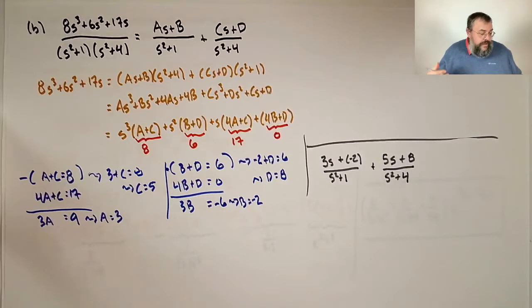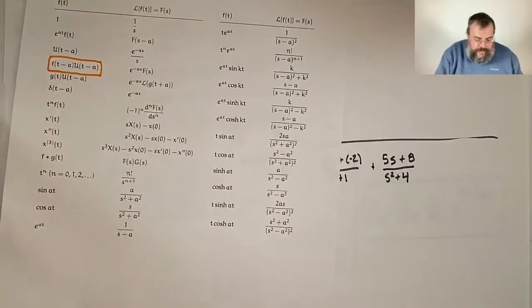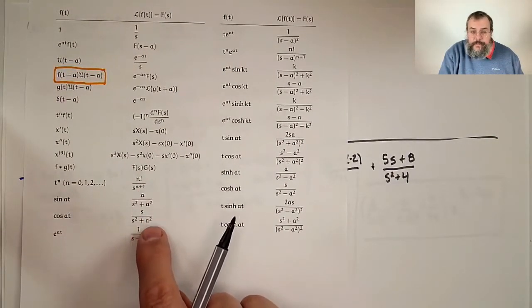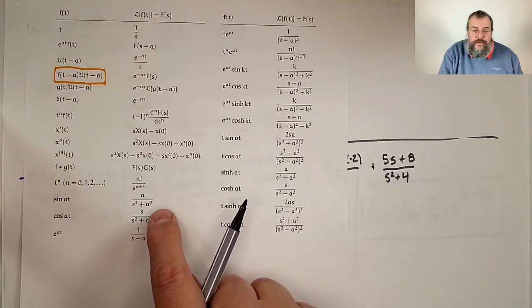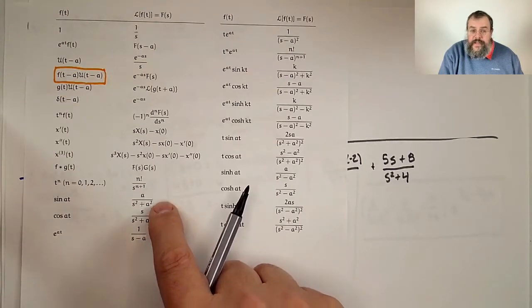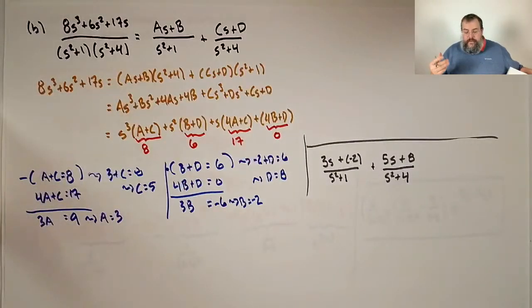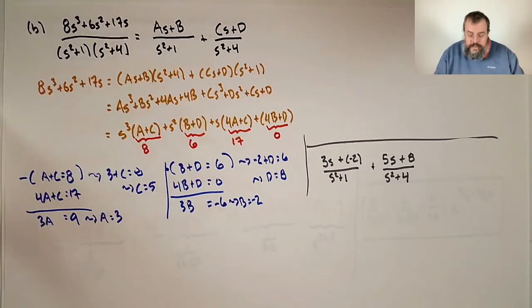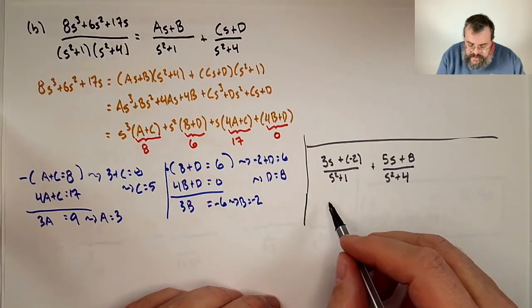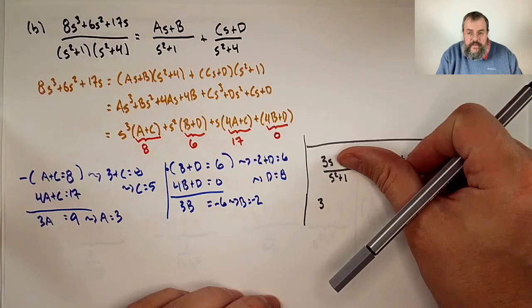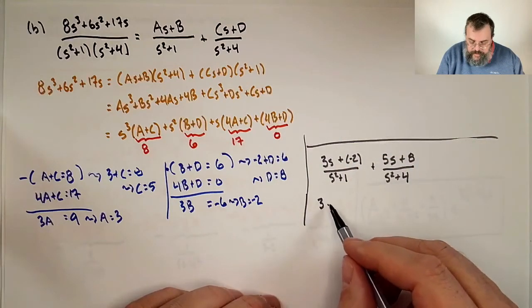Now at this point, we're thinking sine and cosine. Insofar as if you look at sine and cosine, they have the right form, s squared plus a squared downstairs. So if it's an s upstairs, we're happy. If it's a constant, we want the constant to be a. So we'll clean it up just a little bit more. So we're going to break it up. So think of it as 3s over s squared plus 1.